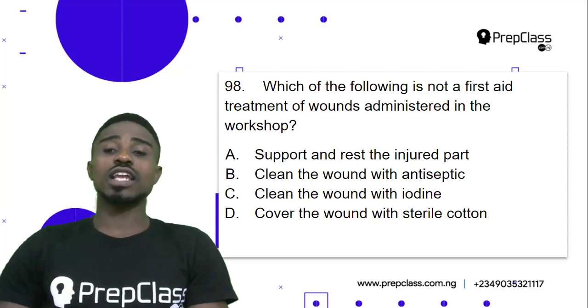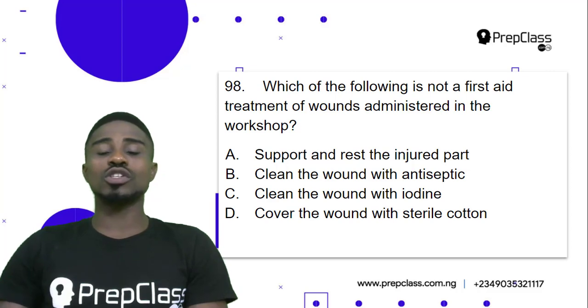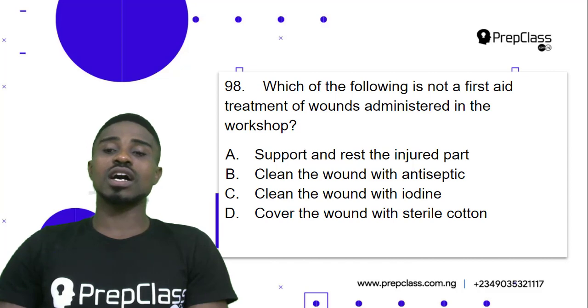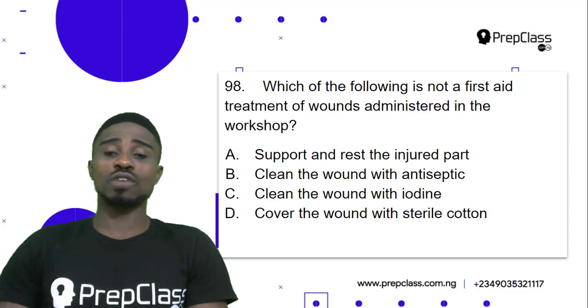For us to carefully select the correct answer, we're going to analyze all of the options and see which one best answers our question. Now, when an injury is sustained in the workshop, the first thing to be done is to administer the first aid treatment. And which one of these is not administered in the workshop as a first aid treatment?